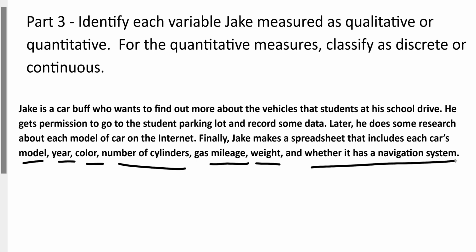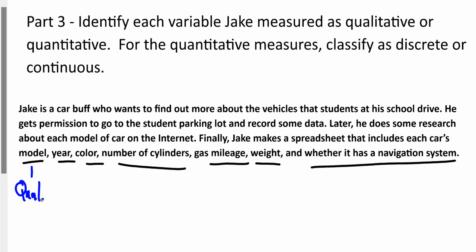So model. The model of it is definitely going to be qualitative. It is a category, and there's no number to it. Maybe there's a model number, then you could get into quantitative, but I'm just thinking a Honda Civic, that is the model. That would be just a nominal, short answer one.